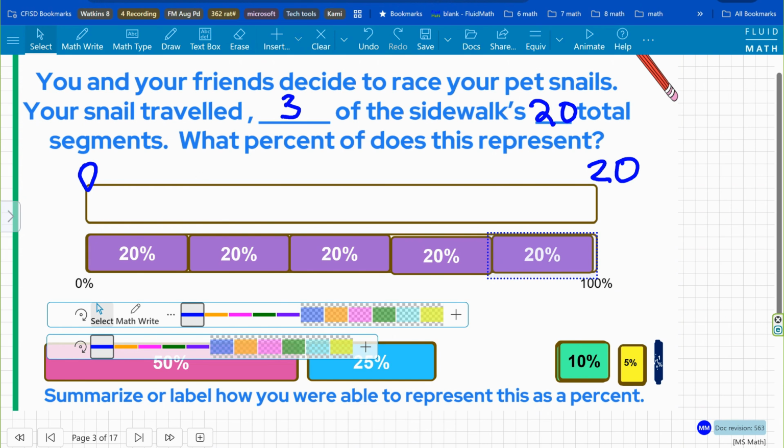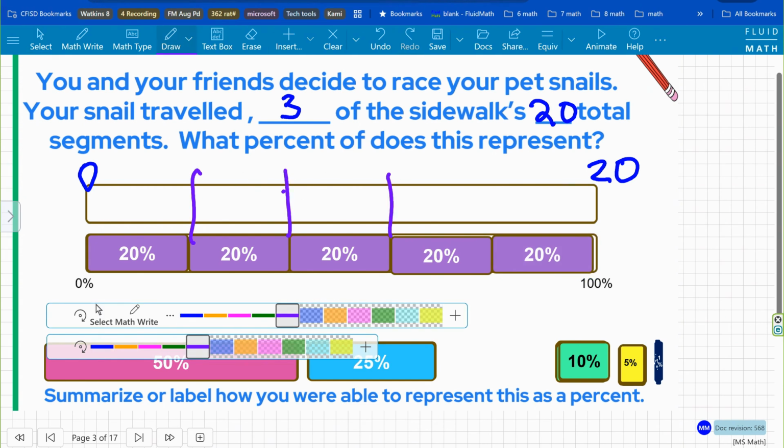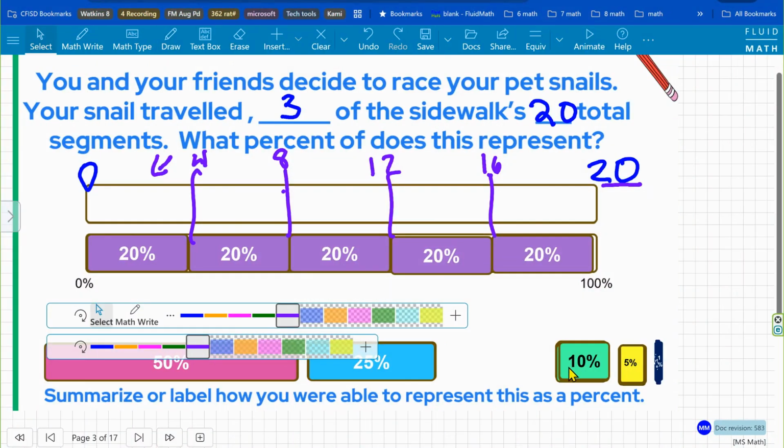So if we divide this bar into 5 sections, 20 divided by 5 means I'm going to be counting by 4s. So I have 4, 8, 12, 16, and then finish line is 20. Only want 3, so 3 is going to end up here, so it's going to end up being less than 20. Let's find out how much it is.